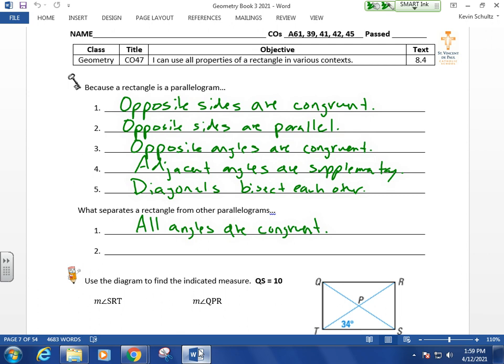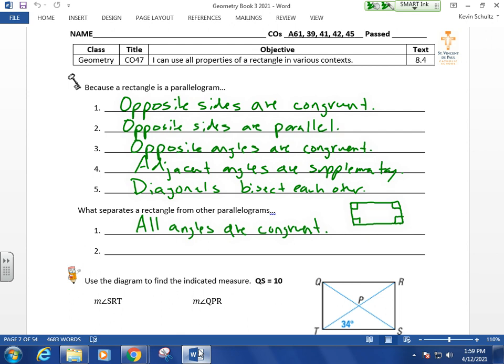In a rectangle, they are. And not only that, but what measure do all 4 angles have? They are all right angles. Okay? They are all right angles. So similar to a rhombus contains right angles as well. However, they are where the diagonals intersect each other rather than in the corners like we have in a rectangle.